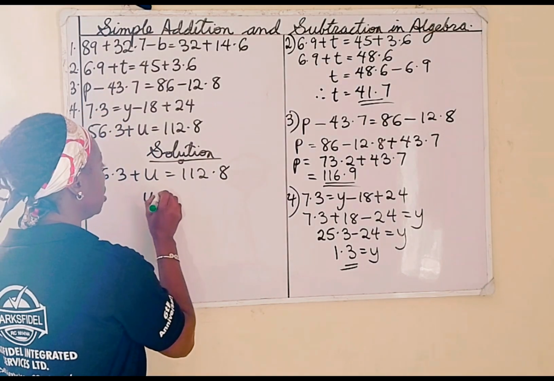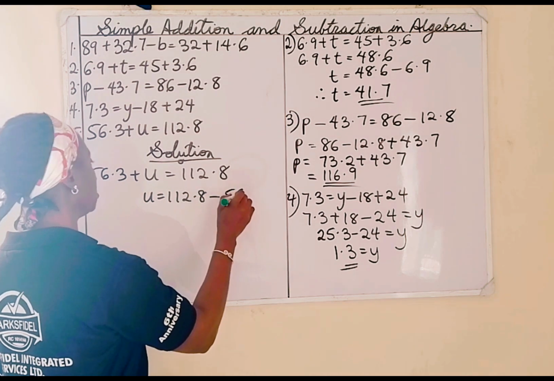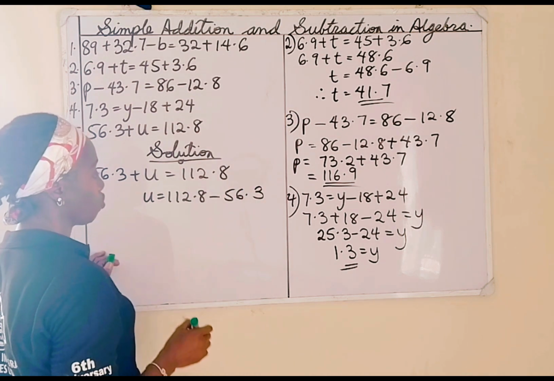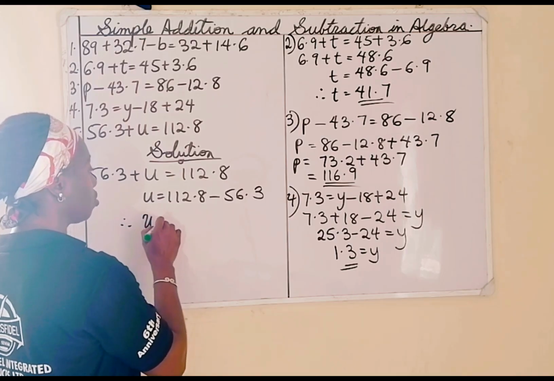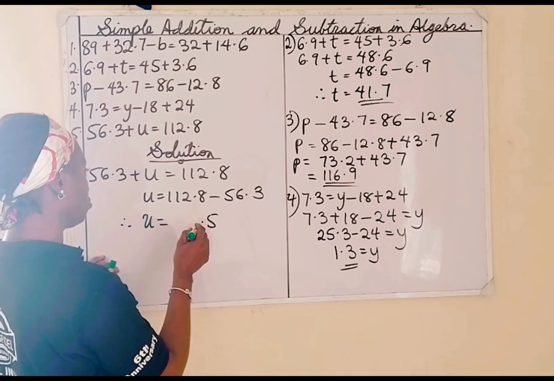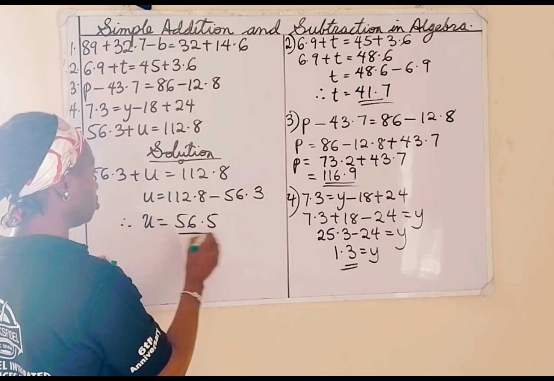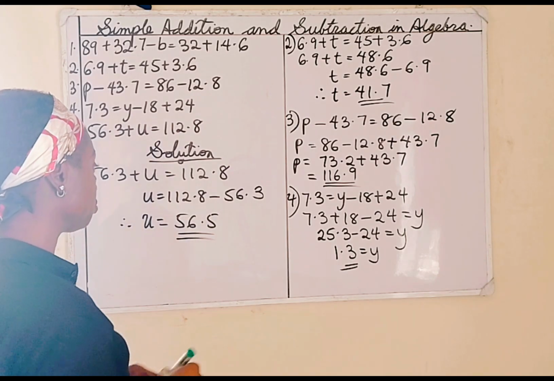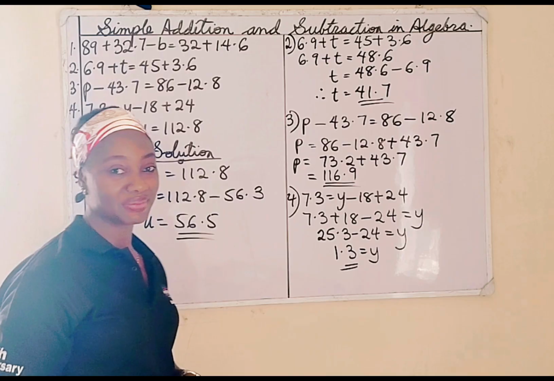So from here we have u equals 112.8 minus 56.3. Therefore, our u equals 56.5. And that's the final answer for question 5.